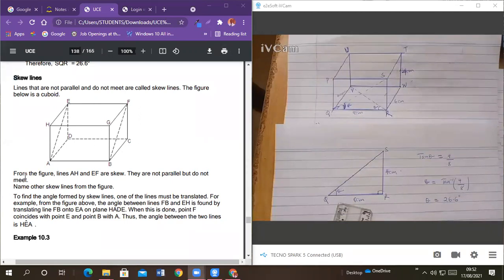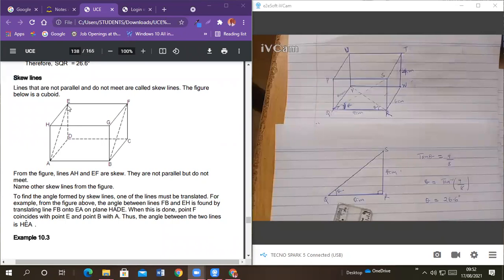So they're saying that from the figure, lines AH and EF, do you see EF? E and F. Do you see AH and EF? They are not parallel, but do not meet. So lines which are not parallel and do not meet are skew lines.